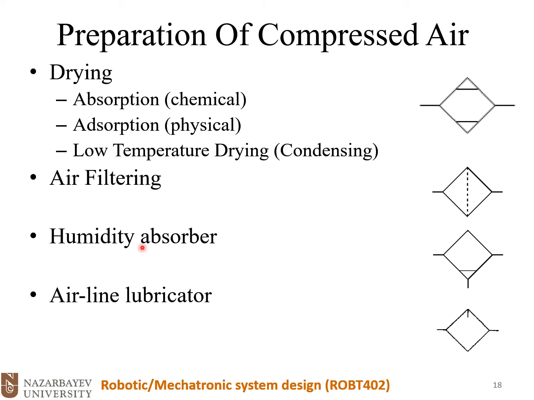And a humidity absorber is another type, basically I could say not equivalent but an alternative to the drying units, and these ones basically will absorb the humidity. I will explain what are the differences between these ones and the other ones.